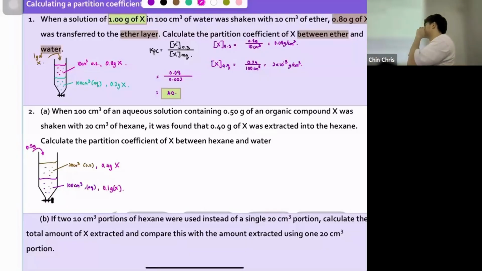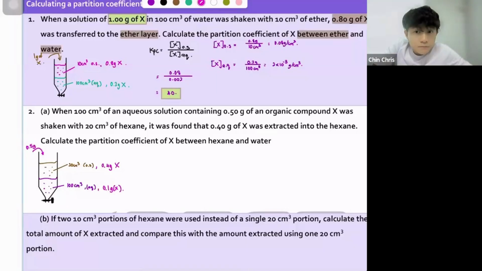For the answer, how much? 20, right? Good job.